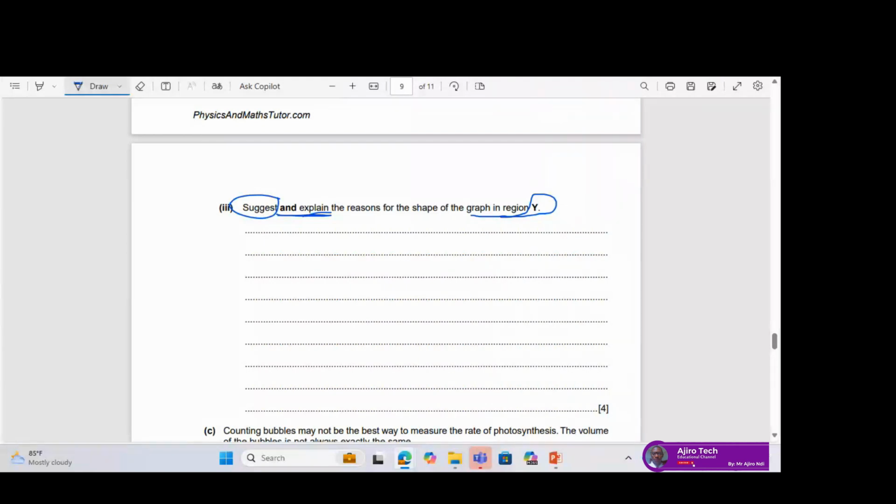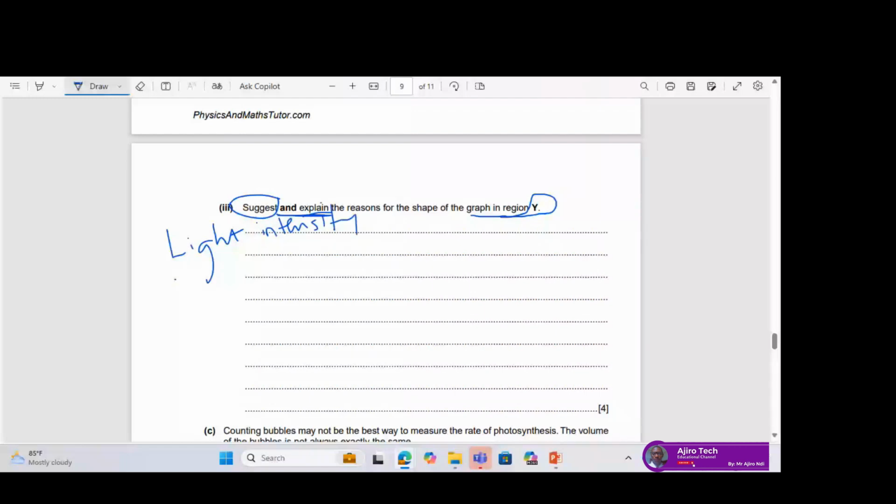Water availability, temperature. Go on. What are the first two things that should come to mind? When we talk about limiting factors, there are three things that are always the first things to mention: temperature, light intensity, and carbon dioxide concentration.